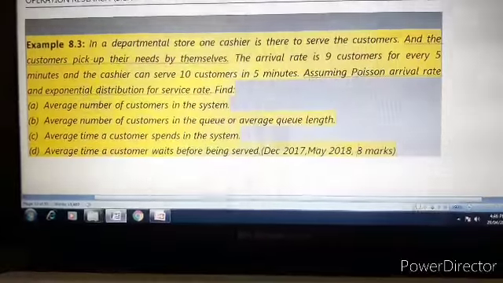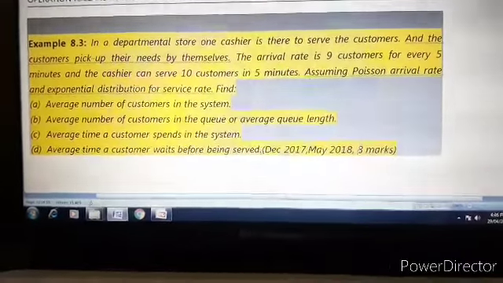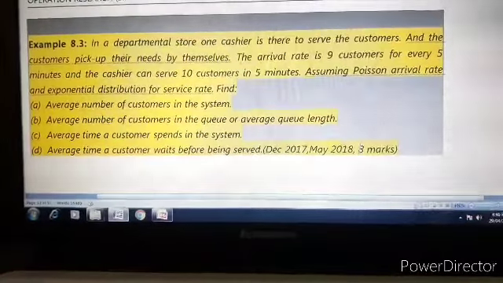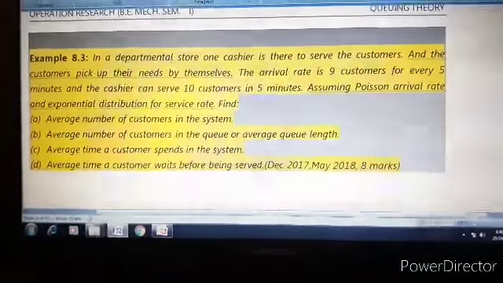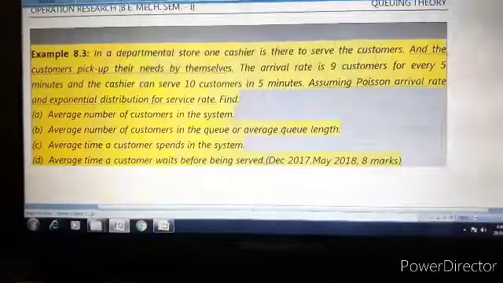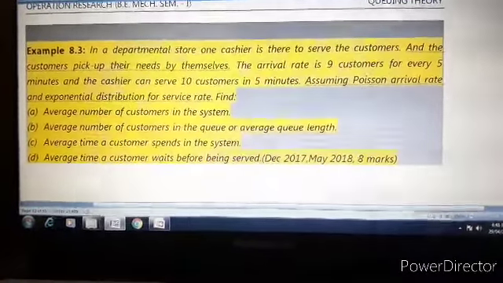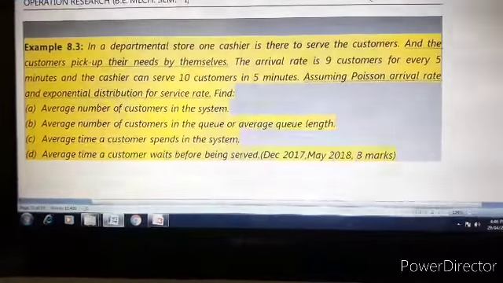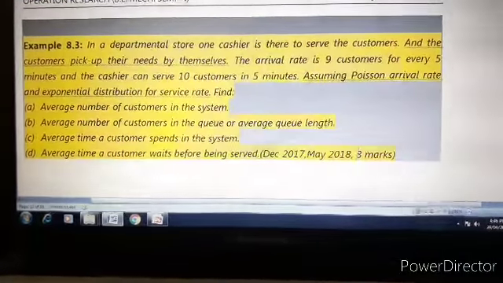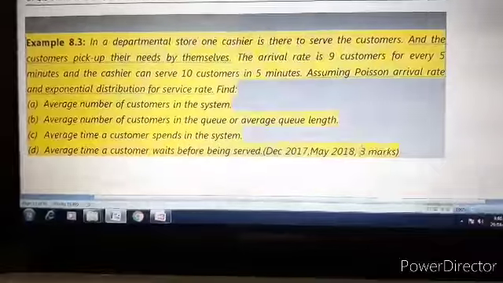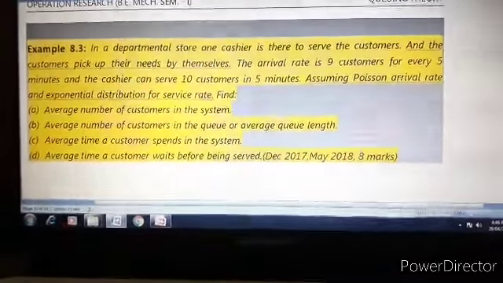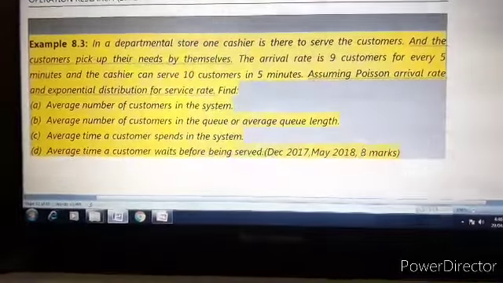Assuming Poisson arrival rate and exponential distribution for service rate, this indicates that the model suggested in the statement is model 1, because the arrival pattern is Poisson distribution and the service pattern is exponential distribution, and the number of channels is 1.